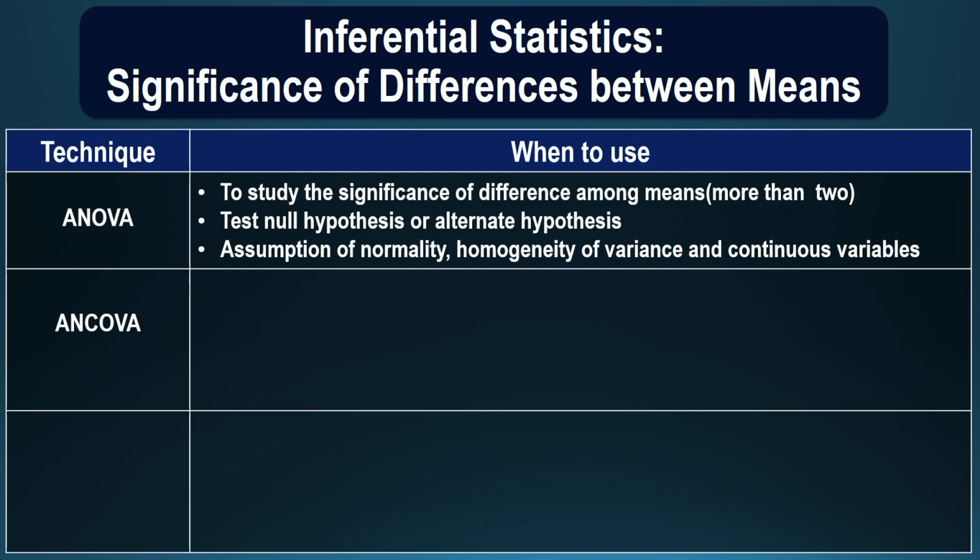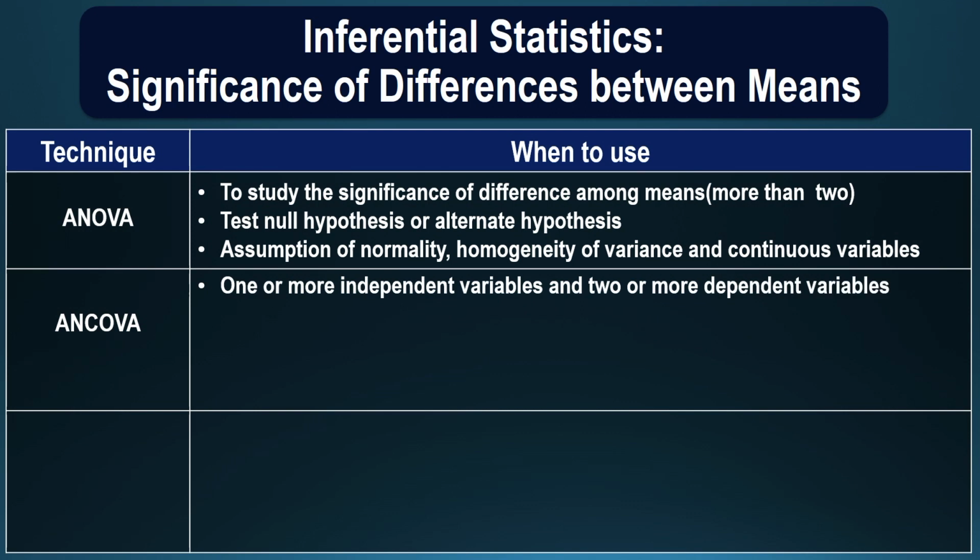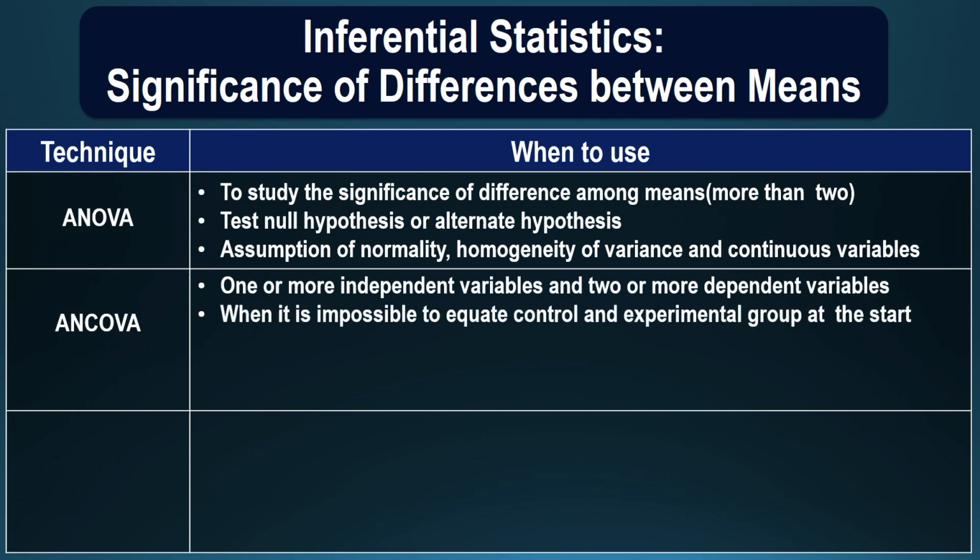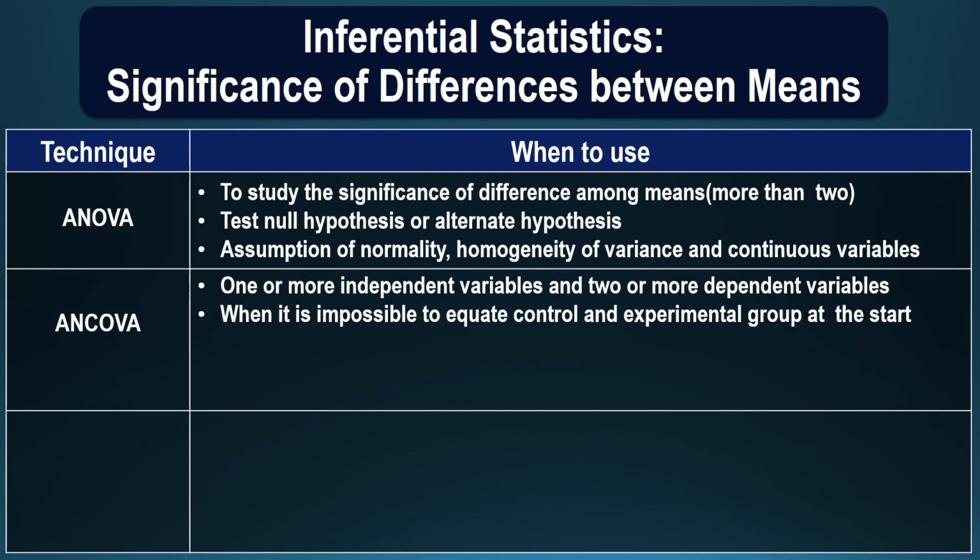ANCOVA refers to analysis of covariance. If there exist initial differences among the groups on any one of the variables, then we cannot use analysis of variance. We need to take into account those differences, and thus analysis of covariance helps the researcher to take cognizance of the initial differences on the variable, and then we try to adjust the post-test scores on the dependent variable.